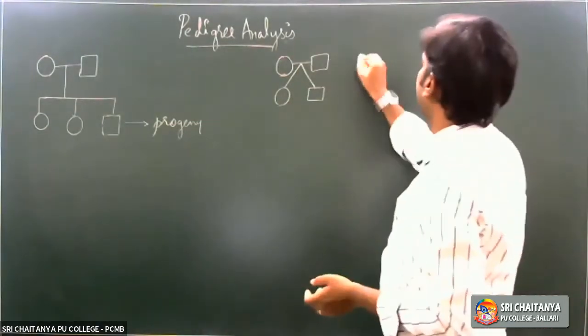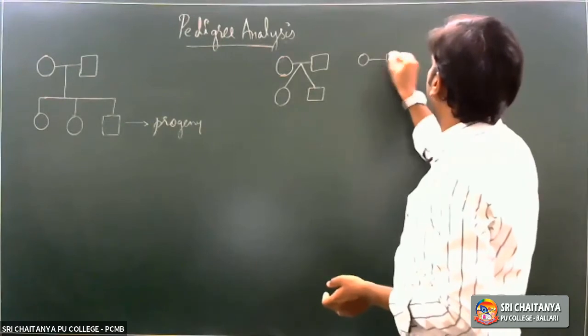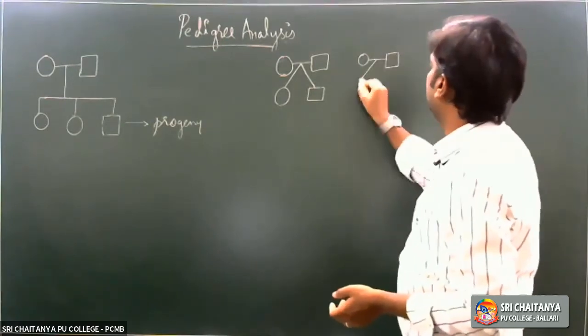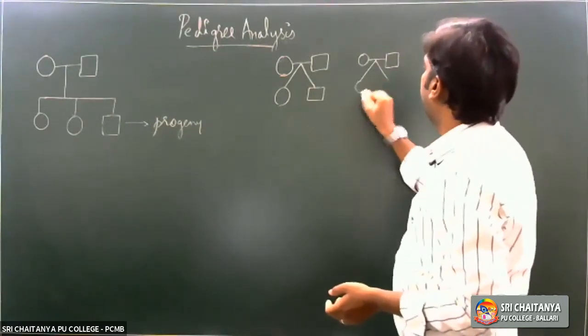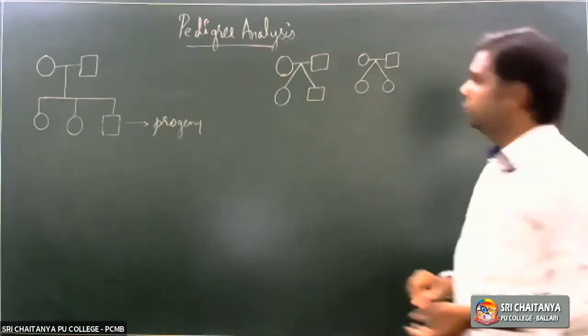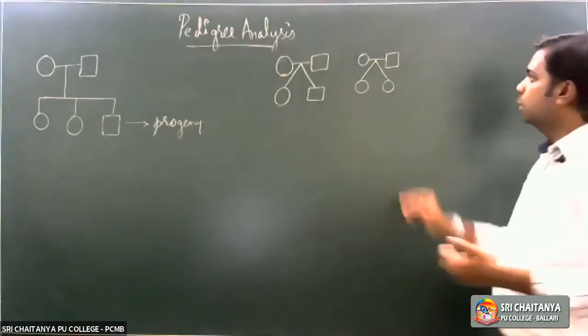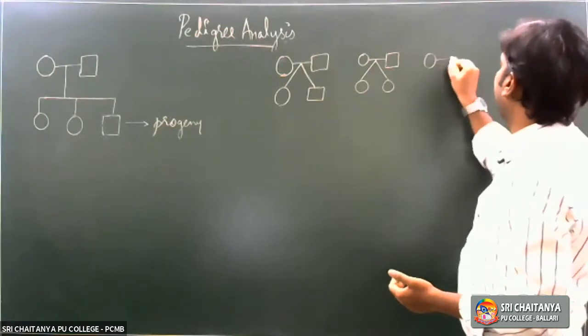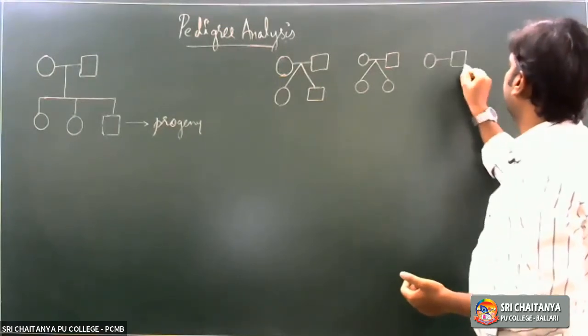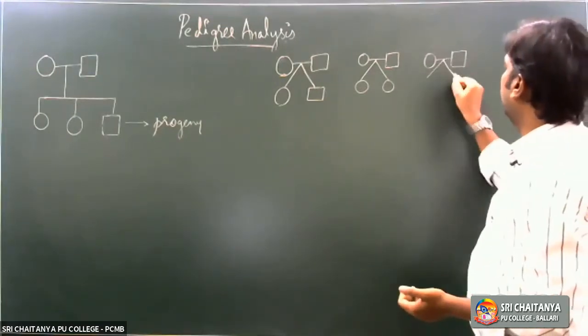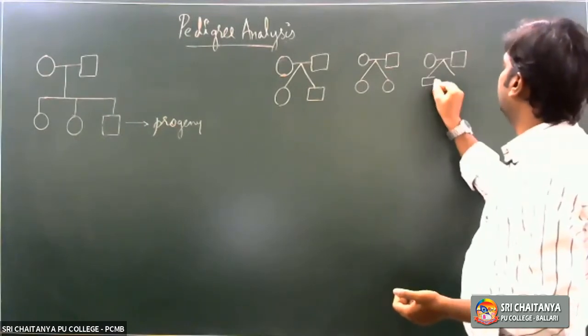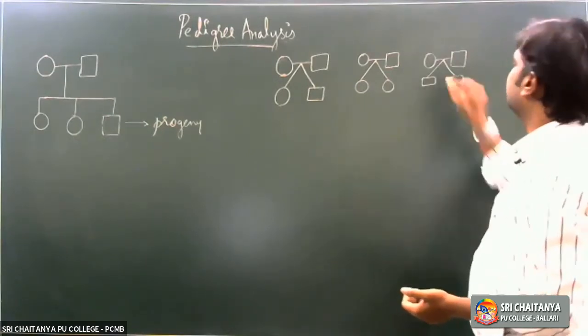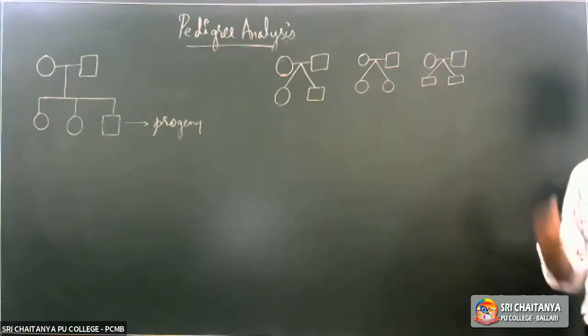The second possibility is again a male and female connected together, and they both have daughters. This is also one possibility. The third possibility is a male and female again connected together, married together, and they also have twins, and both would be sons. So these are the three different possibilities present.